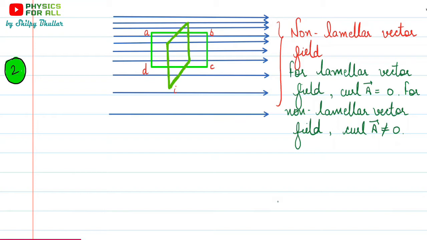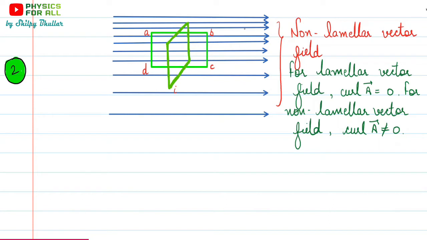So here ABCD is a rectangle which we have considered in the region of a non-laminar vector field. Now what is a non-laminar vector field? Laminar means planar, where you can see homogeneous layers. A laminar vector field is that field in which you see homogeneous layers.